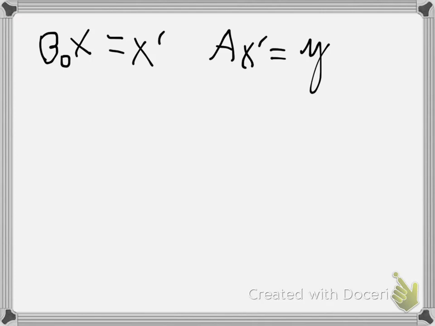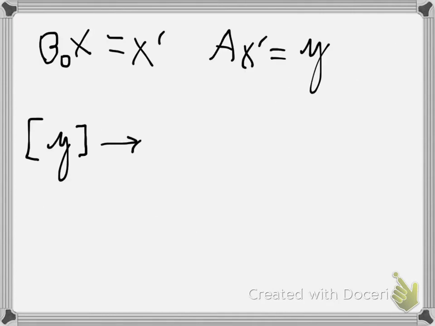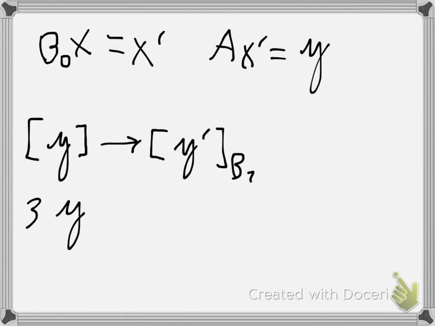Now we want to take our vector in the standard basis and get a vector according to the new basis, B1. You cannot just multiply your vector y by B1. That's not possible.